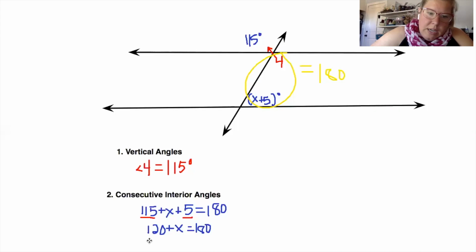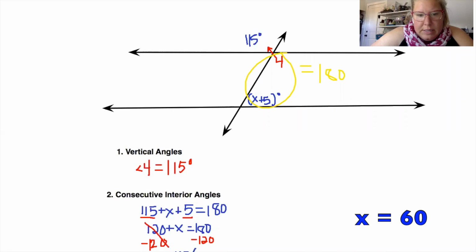I'm just going to take away 120 degrees from both sides. If I take 120 away from this side, this cancels out, leaves me my x on this side. And then 180 minus 120 is 60.